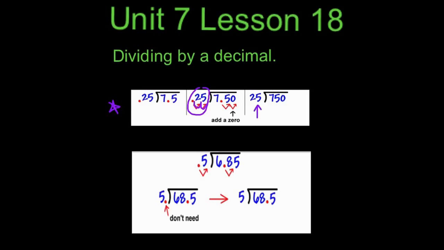Now, the trick here, the catch, is that whatever you do to the divisor, you must also do to the dividend. So then they took the decimal from the dividend, 7.5, and moved the decimal 2 hops to the right. So then we did the same treatment to both numbers. So that created the number now 750.